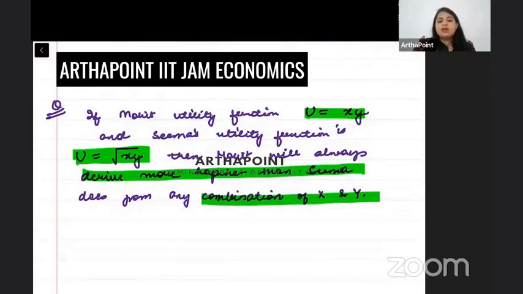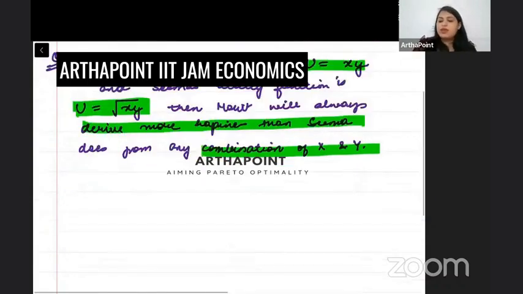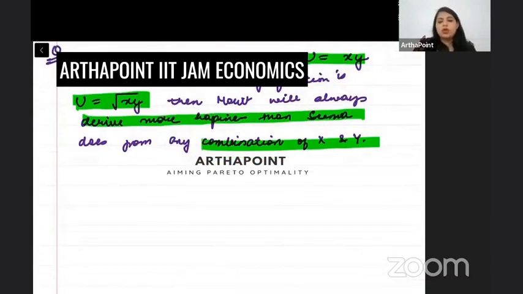So take a moment, think whether this statement is true or false. You can write your answers below and you can tell me whether this statement is true or false.